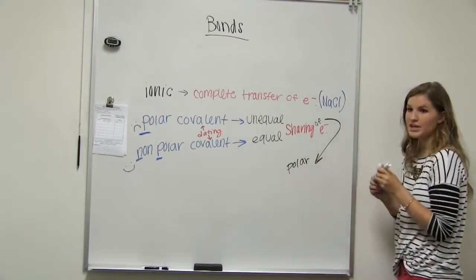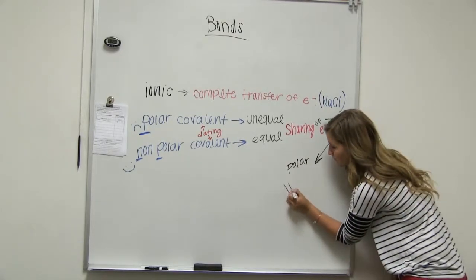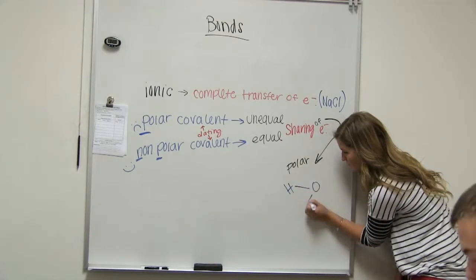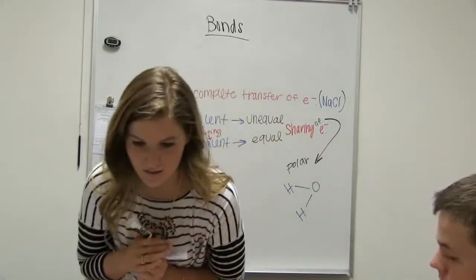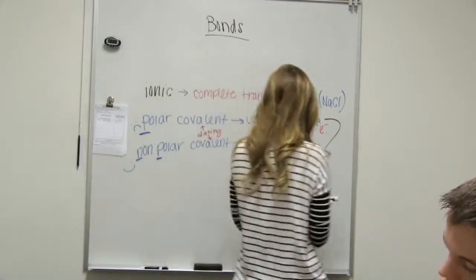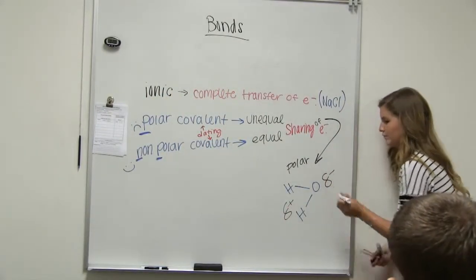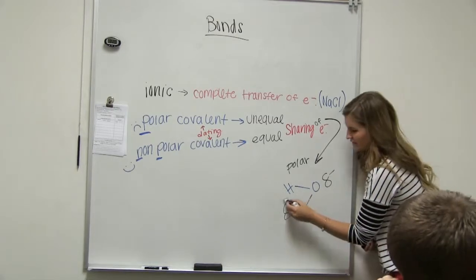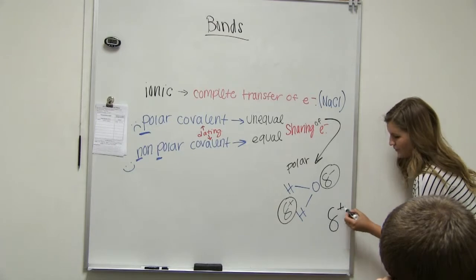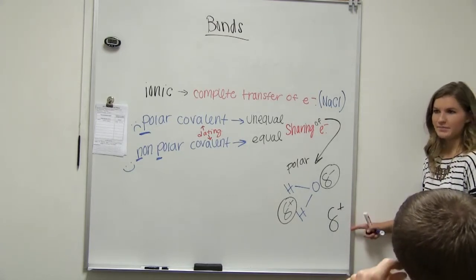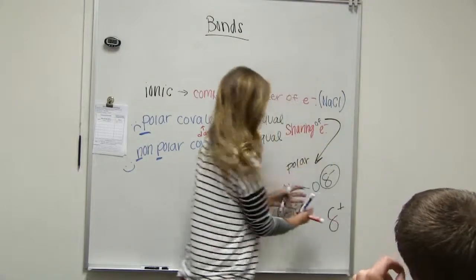But just so you know, a polar covalent bond is an unequal sharing of electrons. So a good one for that is H2O. And is it delta positive? So these two signs, delta positive and delta negative, a delta positive sign means that this side of the bond is having more of a pull.